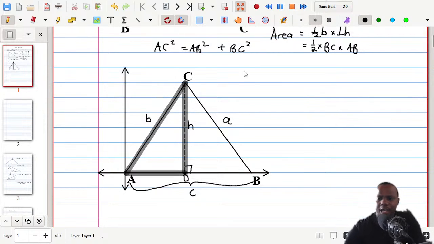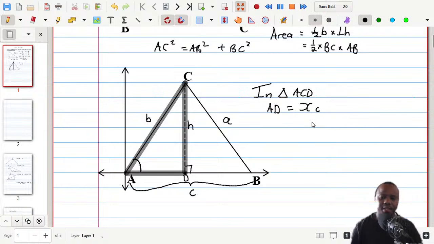Now notice, in triangle ACD, when we use A as our reference angle, we can calculate the length of AD. The length of AD is going to be the x-coordinate of C. So let's do that. We have B, which is our hypotenuse, and we've got H, which is our opposite.